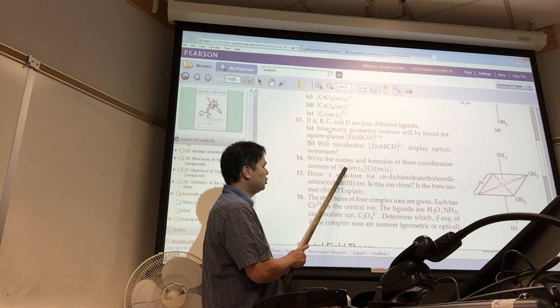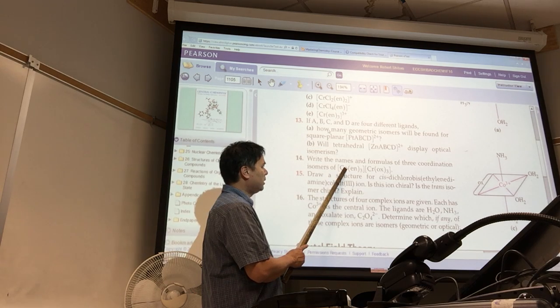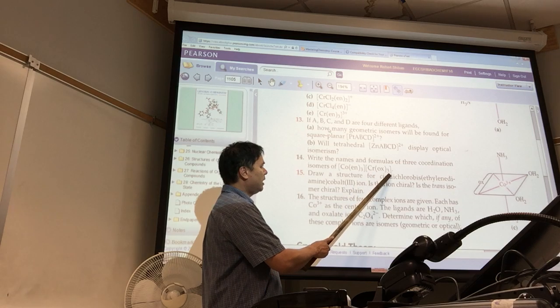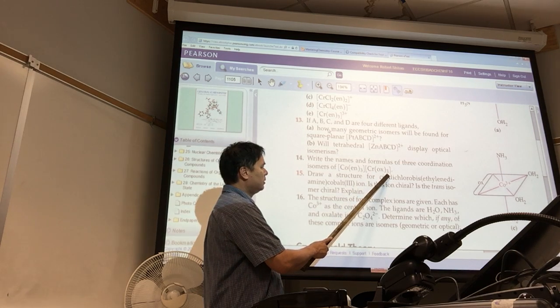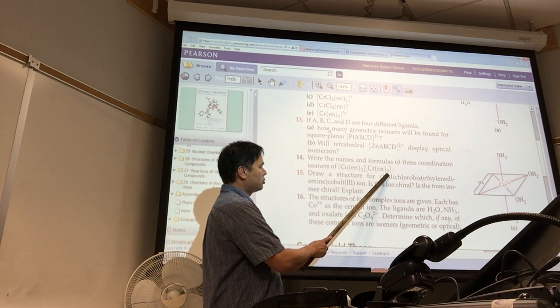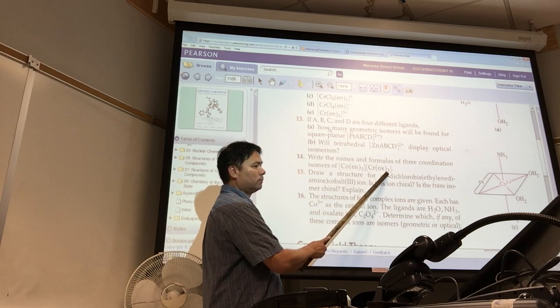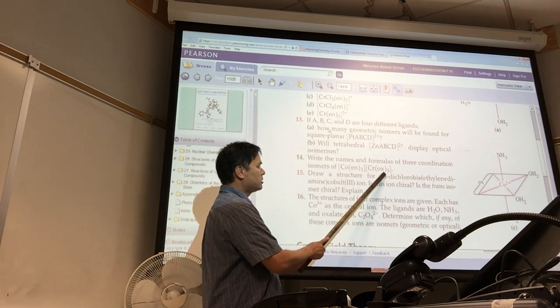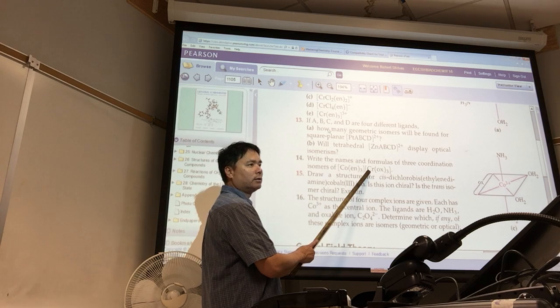If it's +2, that would make this whole thing +2. And then the anion, what would this be? Tris or tri-oxalato? Trioxalato, we've named this one before. Trioxalato chromate.